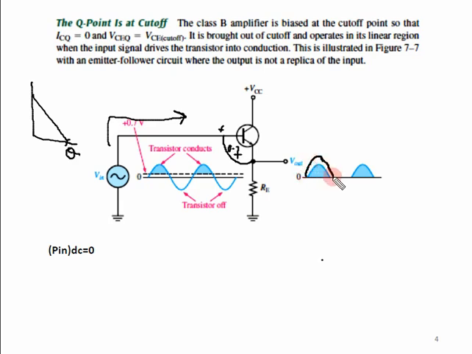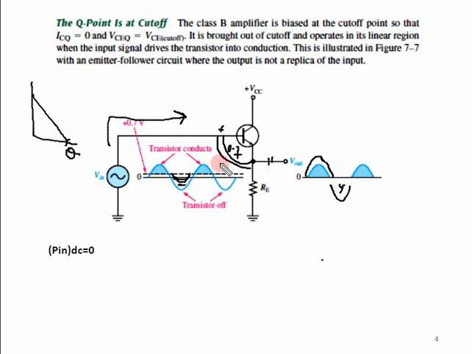So there is a signal at the output, and the amplifier is conducting for the positive half cycle. Now when the input signal comes into the negative part, it cannot overcome the barrier voltage of positive 0.7, so there is no conduction.